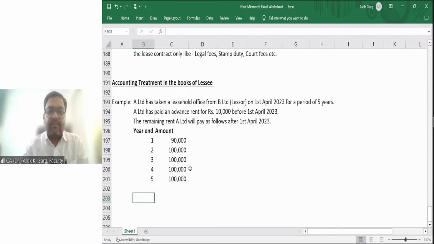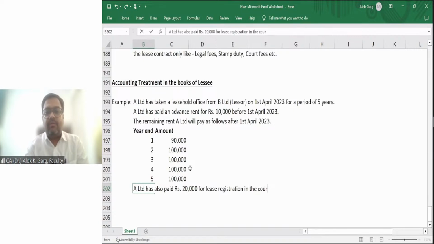A Limited has also paid rupees 20,000 for lease registration in the court of law.